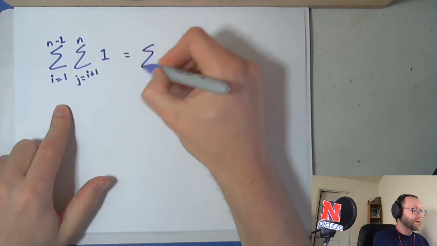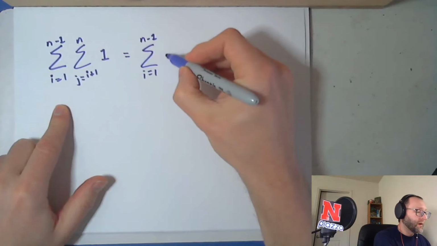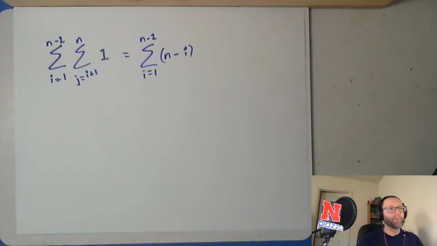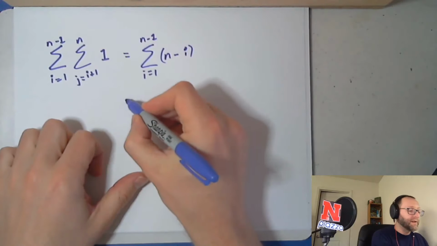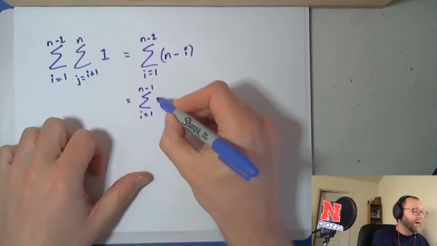So don't lose your outer summation here. i is equal to 1, n minus 1. And it's going to be n minus i on the inner summation. Right? Other tricks that you can employ are the sum of summations is equal to the summation of sums. In other words, you can break this up into two summations. i equals 1 up to n minus 1 of n.